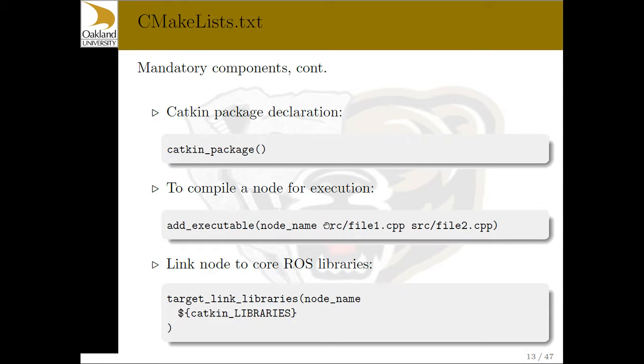And then after that, you list all the source files that make up that executable. So in this case, we'd have two files. One's in the source folder called file1.cpp. Another one is also in source called file2.cpp. So basically compile these two source files together and put them in one executable in this case.